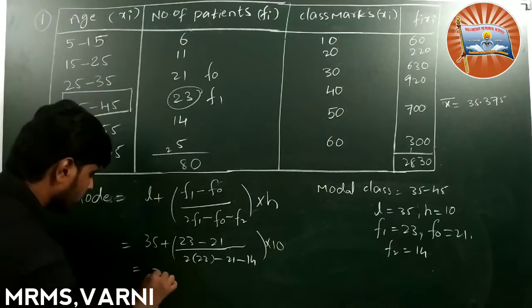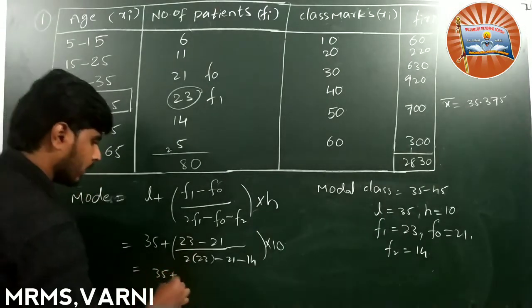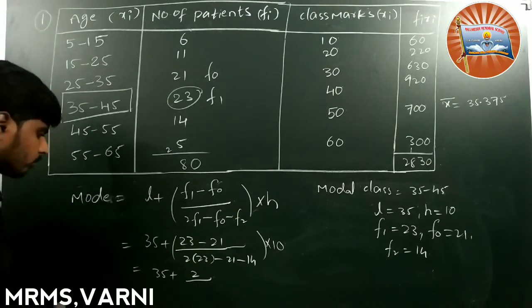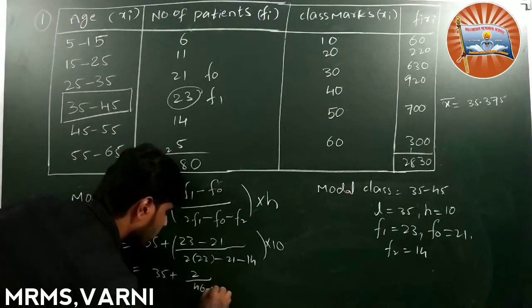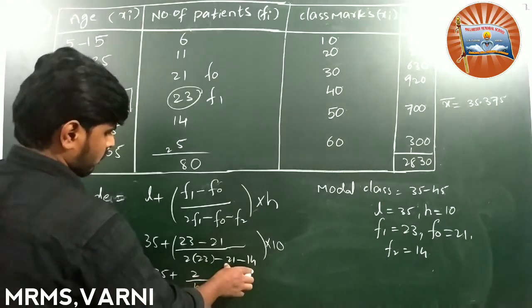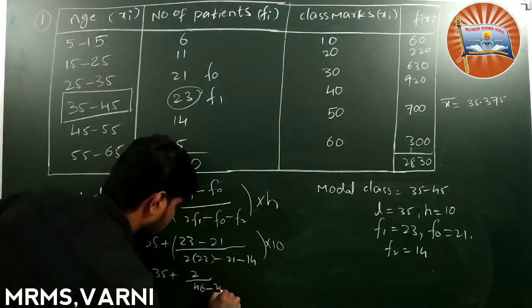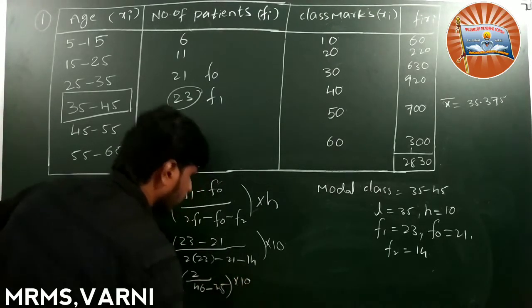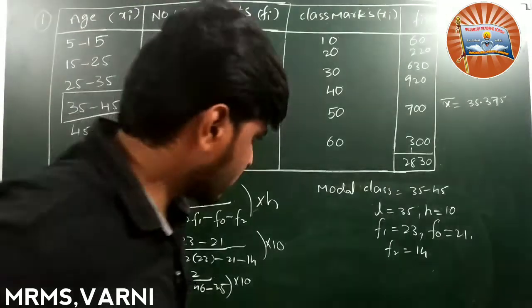Simplify this. 35 plus 23 minus 21, 2 by 23 into 2, 46 minus 21, 25 minus 14, 11, into 10. Okay, so I am going to erase here.